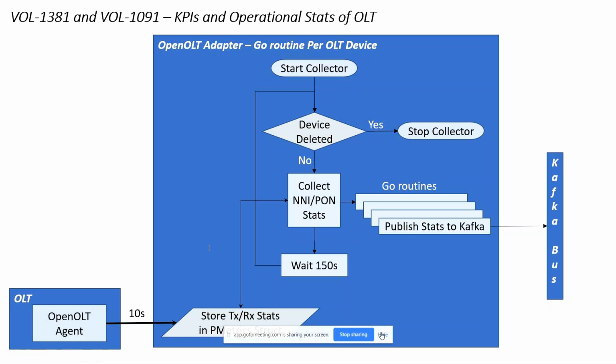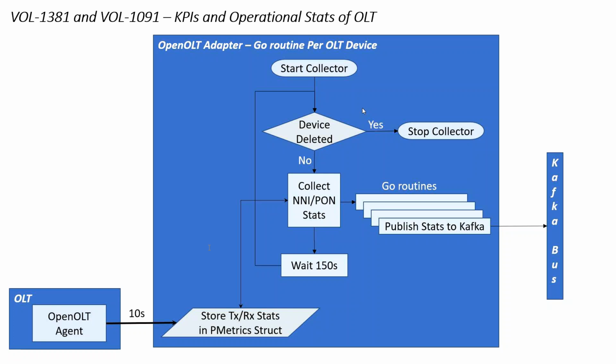Once the PM metrics are stored into the structure, a start collector will be started for every OLT device once it gets added and enabled. So once the adopt device is executed, the start collector will be started.